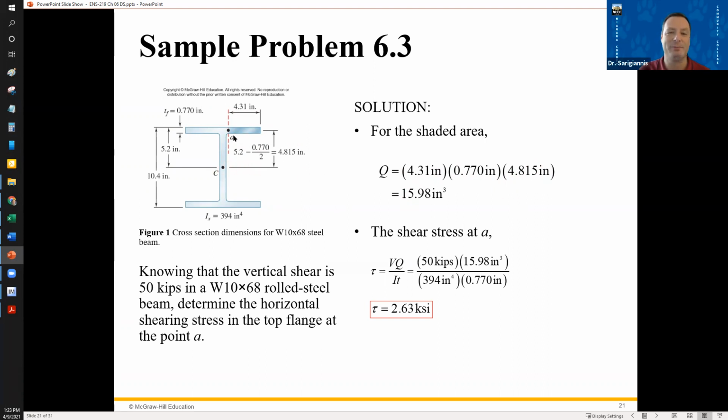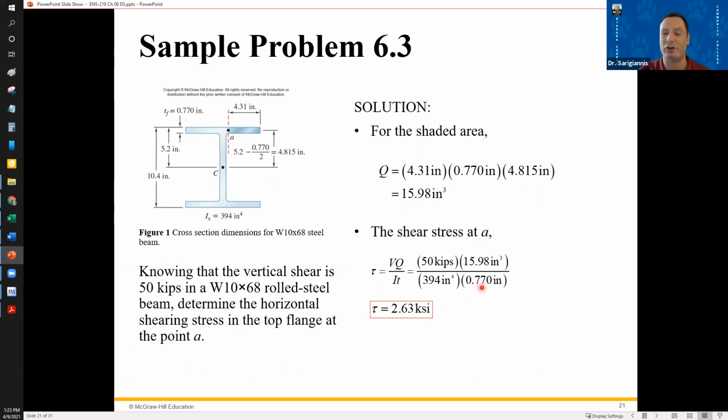Shear stress at A. Let's see, what do we got? Oh, yeah, tau is just VQ over It. In this case, we're incorporating the thickness. So the thickness of the flange, we got 50 kips times the 15.98 cubic inches, which we calculated up above. We got the moment of inertia, and then we got the thickness.